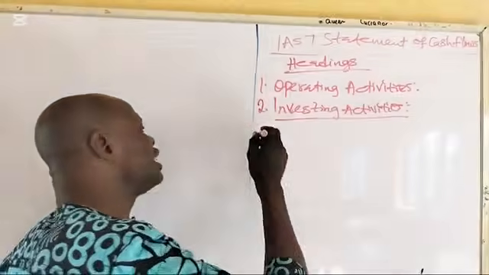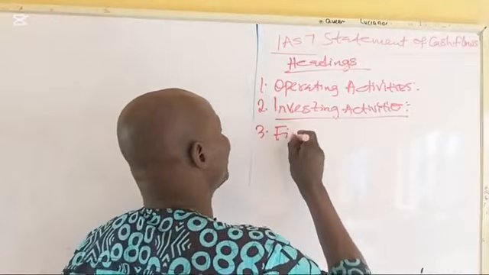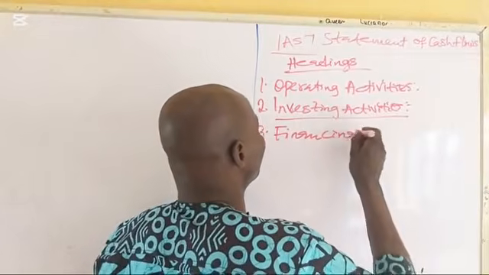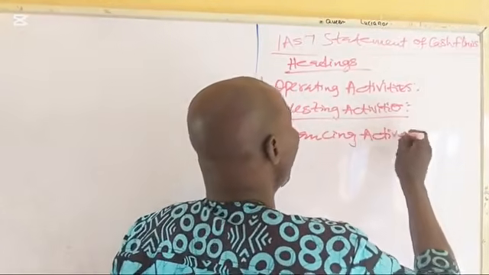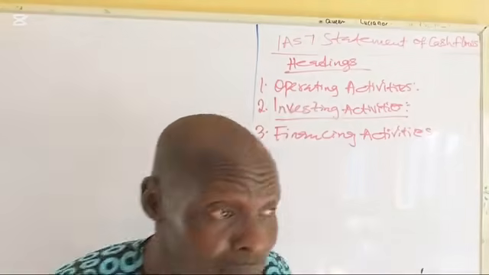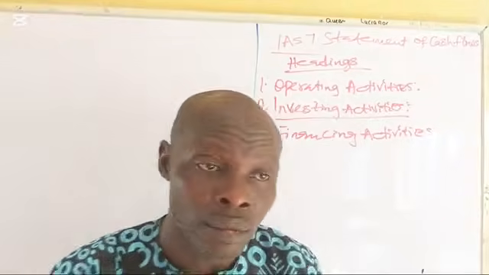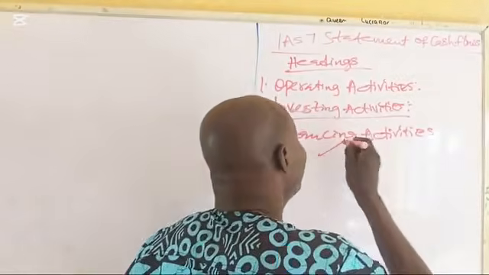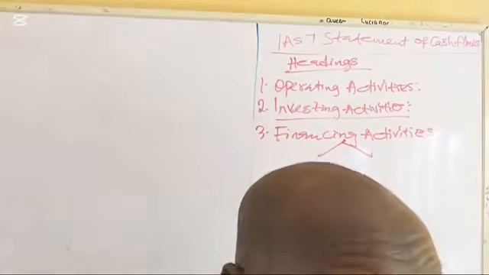And the third heading is financing activities. For financing activities, there are two major sources of finance: debt and equity. Those are the two places you should check.